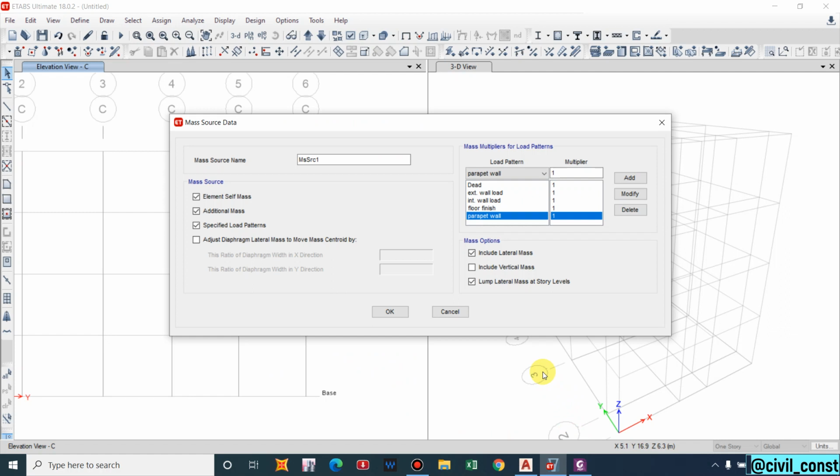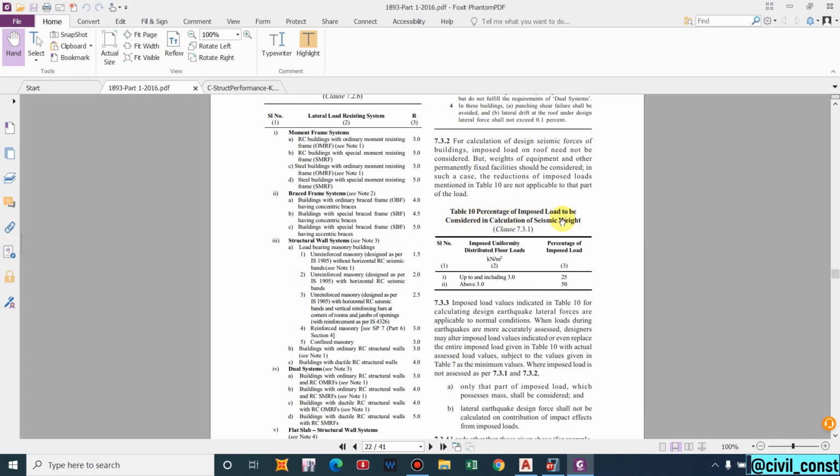For example, the live load taken for balcony, veranda, corridors, cantilever projection, it is taken as 3 kilonewton per meter square, and for a staircase it is taken as 3 kilonewton per meter square. So that means we will have to take multiplier as 25 percent of imposed load.